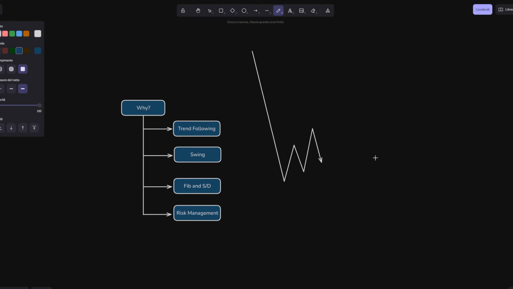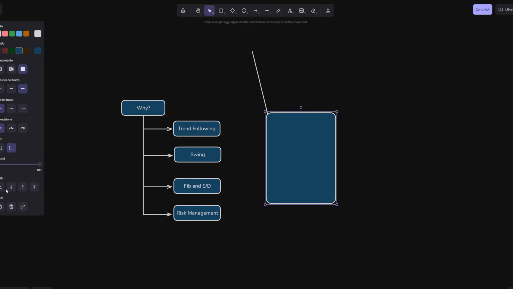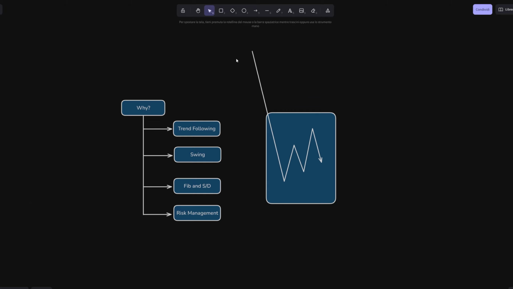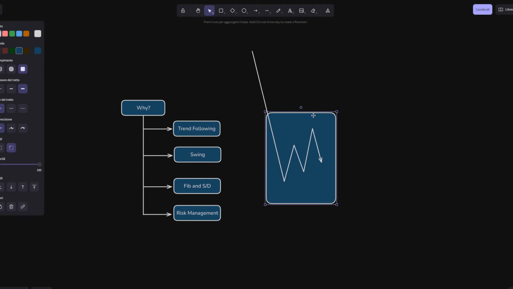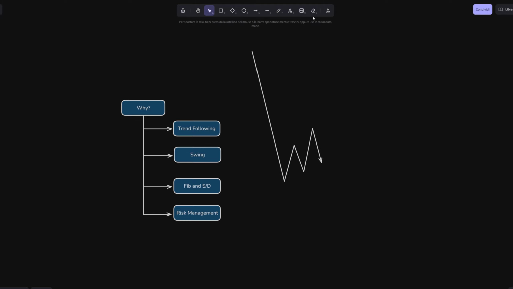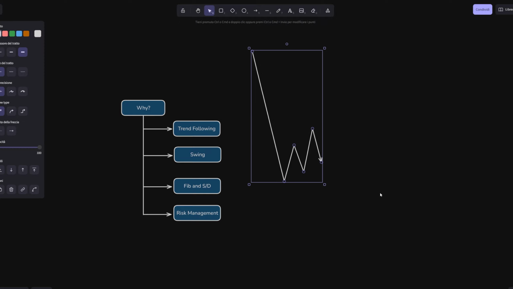I will focus primarily on the recent market structure and not the big one, because I found that my edge is higher if I focus on a small market structure.